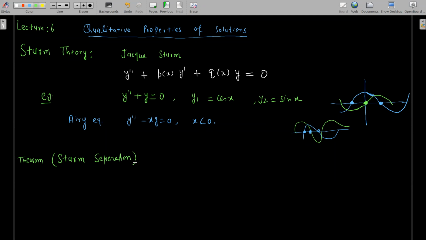This theorem says that let y1 and y2, so we have two solutions denoted by y1 and y2, be two solutions, or you can say two fundamental solutions or two linearly independent solutions, of this equation.